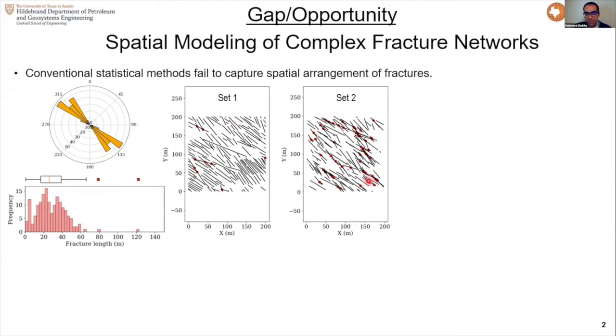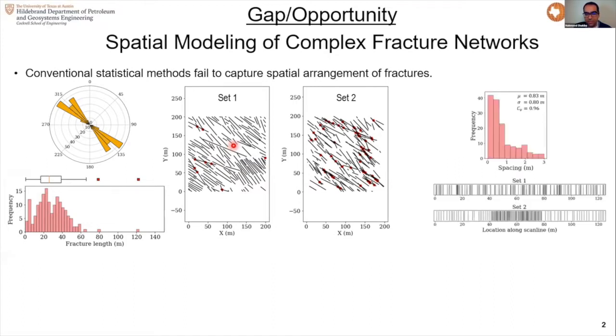In set 2, fractures are connected over the entire study domain. The connections between fractures, or the intersection points, are shown with red dots. But set 1 on the left-hand side has only a few intersection points, or the connectivity is much lower than set 2. So although they have the same distribution in terms of histograms, they exhibit different spatial characteristics.